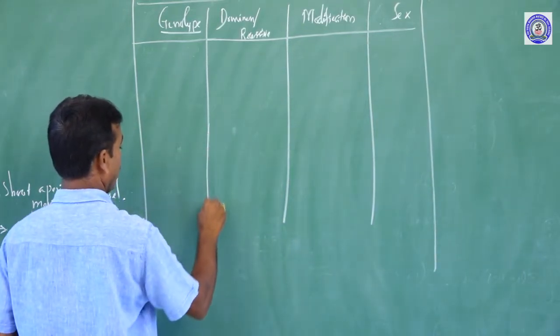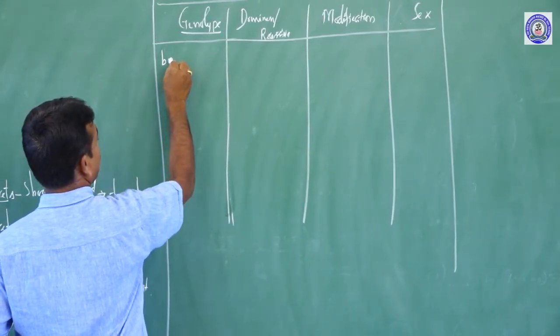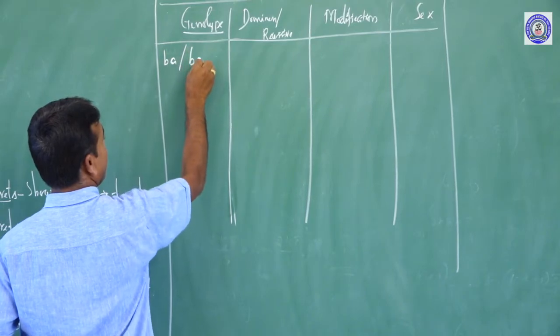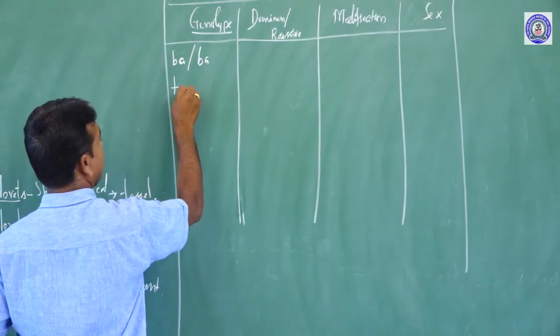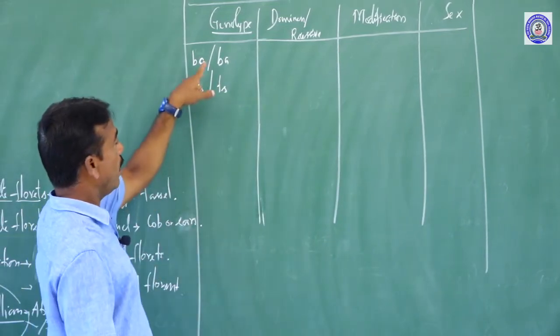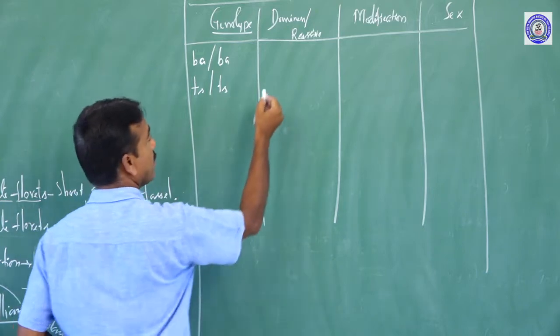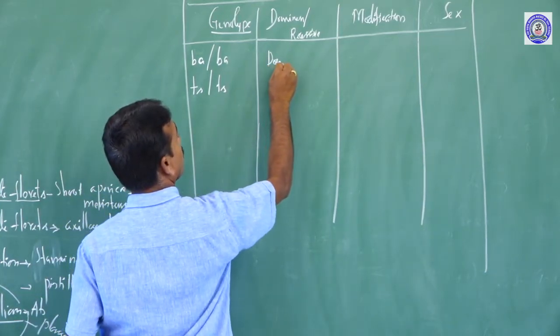First of all, what type of gene? ba/ba, ts/ts. Here both the alleles are recessive, so we call it double recessive.